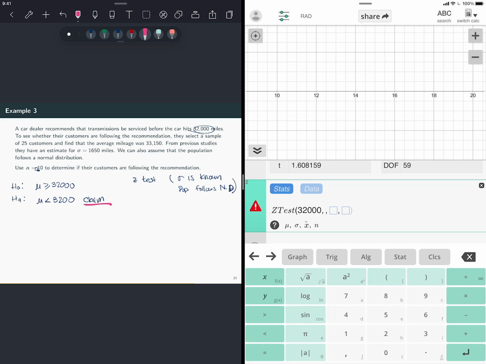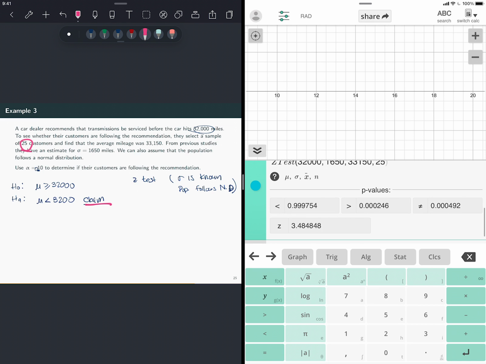Notice how it asks for sigma, so we need the population one, 1650. Then the sample mean, 33,150, and then the sample size, which is 25.